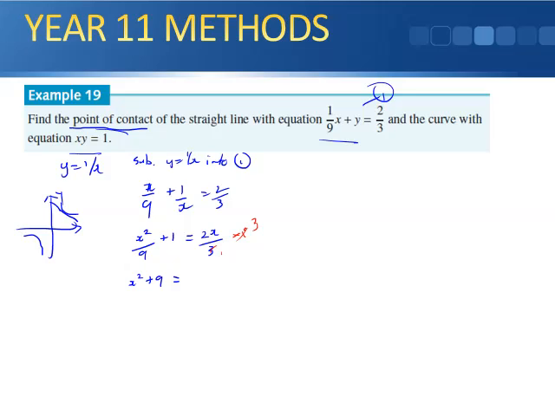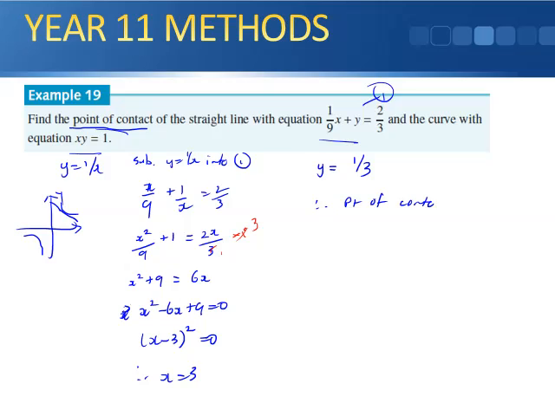Alright, I'll times everything by 9, so I get x squared plus 9 equals, when I times this one by 9, that cancels, that would be 3, so 6x. So I'll get x squared, I'll write that again, x squared minus 6x plus 9 equals 0, which factorizes down to x minus 3 all squared equals 0. Therefore x equals 3.